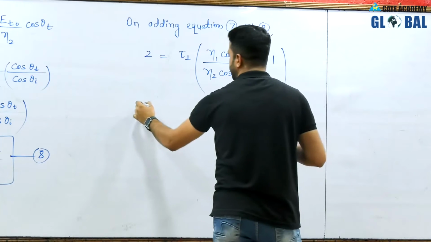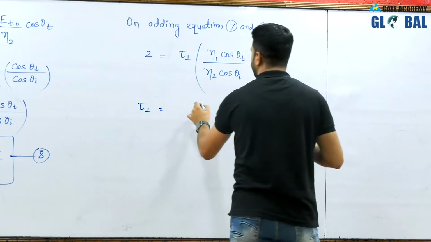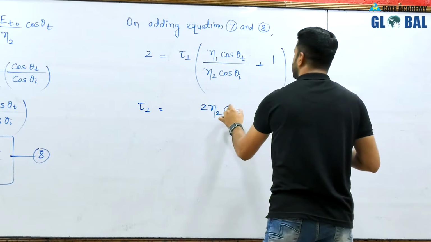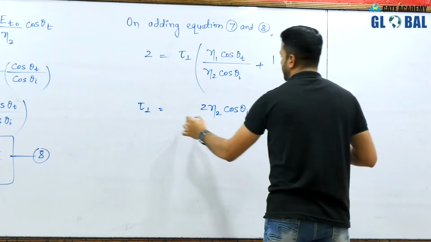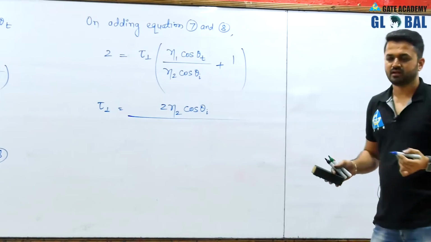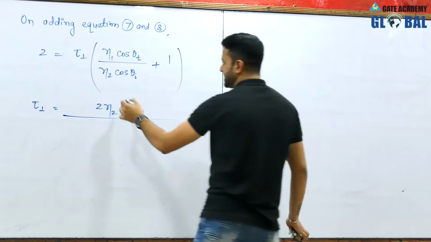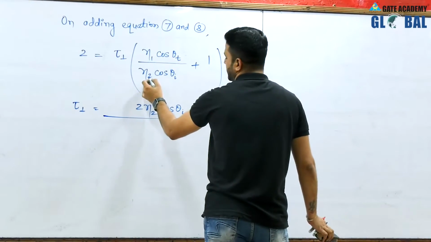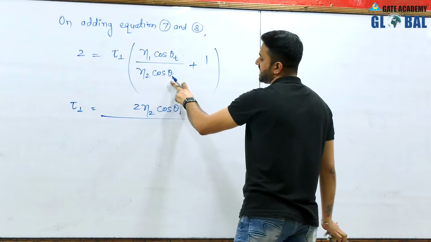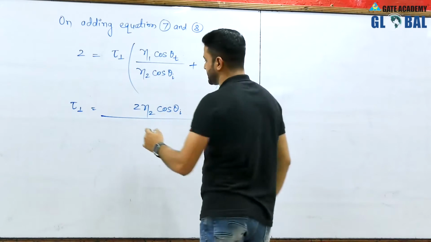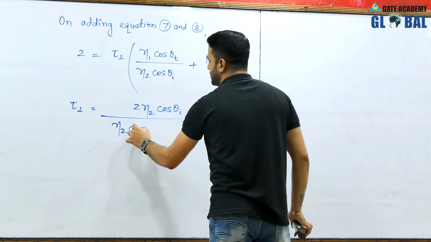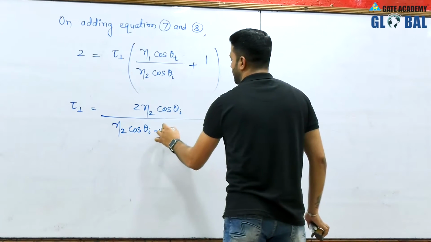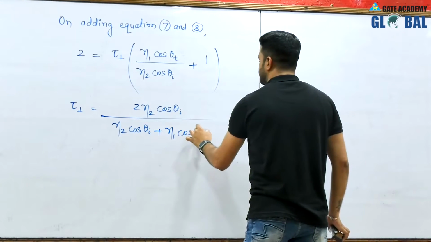And when we take the LCM we get tau perpendicular is equal to 2 eta 2 cos theta I, which is the same as the parallel transmission coefficient, numerator is same, but in the denominator eta 2 and the associated angle is of medium one, that is angle of incidence, which is eta 2 cos theta I plus eta 1 cos theta t.